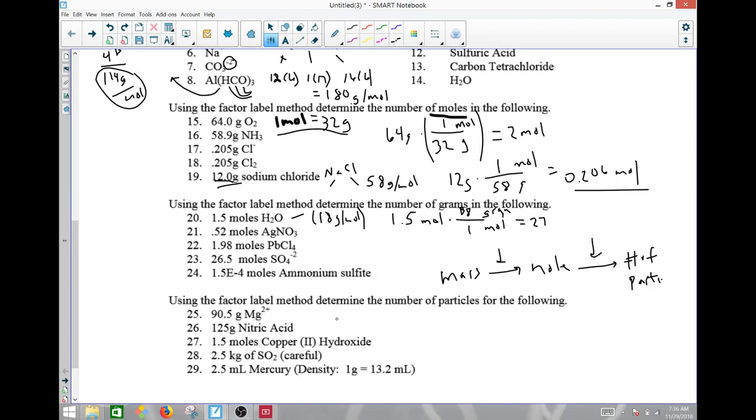I have 90.5 grams, dot line, get rid of grams, and go to moles. That's my molar mass. Get rid of moles, and go to atoms. This is 1 mole is equivalent to 24.3 grams.